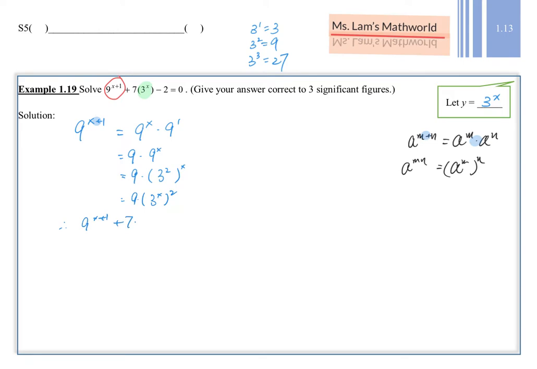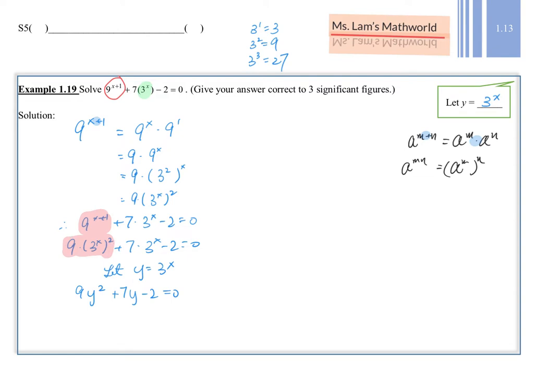When you understand how to handle this term, you can put it back into the equation, and then we can let y be 3 to the power x, such that it becomes 9y squared plus 7y minus 2 is equal to 0. Okay, for the rest of the calculation, it is not difficult. So our main important part is the way to handle the first number.